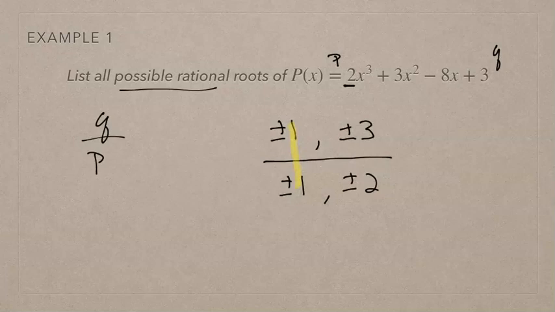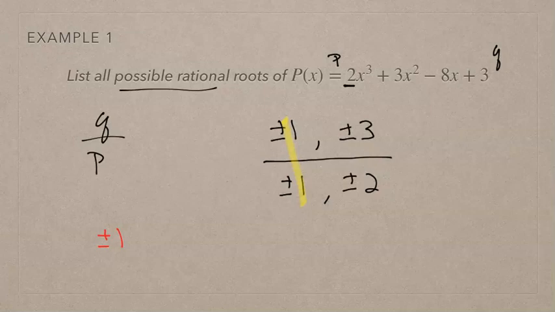So the first numerator-denominator group we're going to look at is this 1 over 1. 1 divided by 1 is 1, and 1 divided by negative 1 is negative 1, and there's no other combo that's going to get me anything different. So this group is either positive 1 or negative 1.